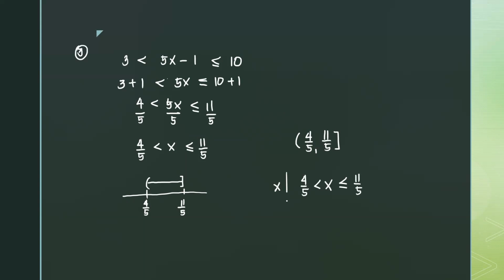Pero x such that, ganun siya. So it is true for all the values of x such that the x should be greater than 4/5 but less than or equal to 11/5. Are there any questions? Okay, so I'll move to the next.